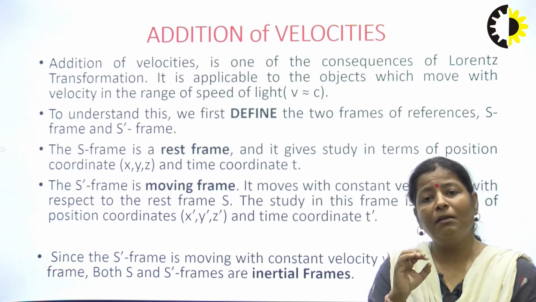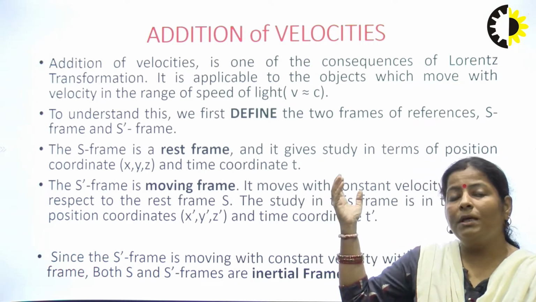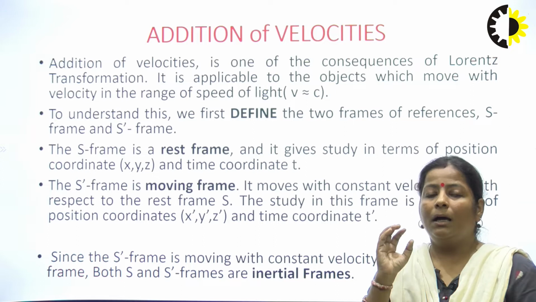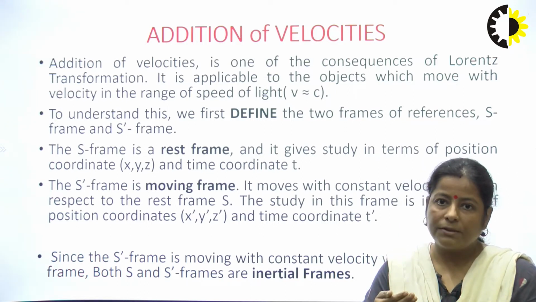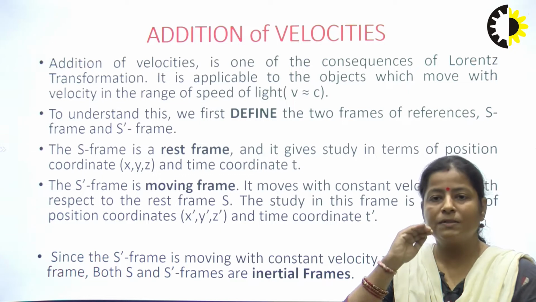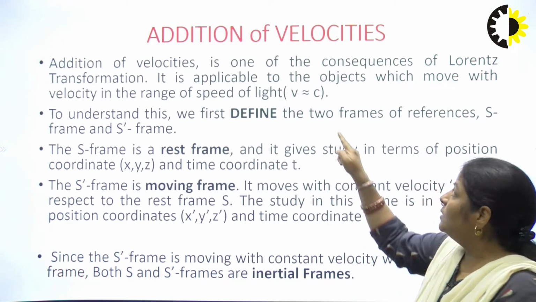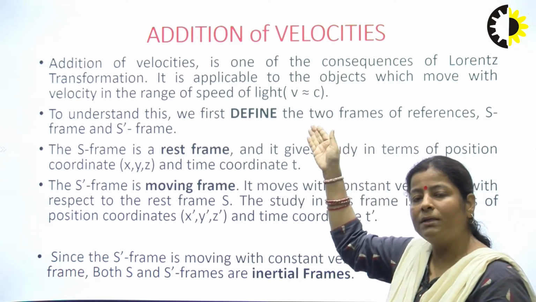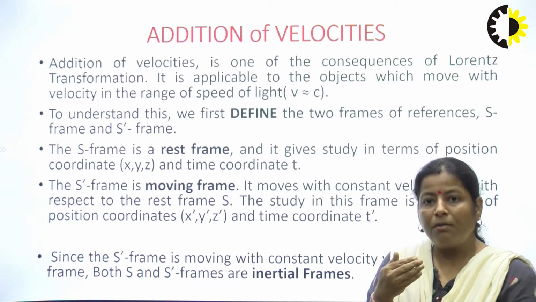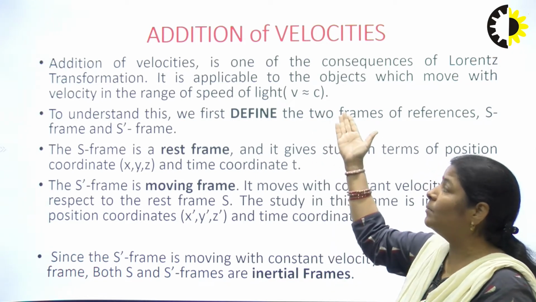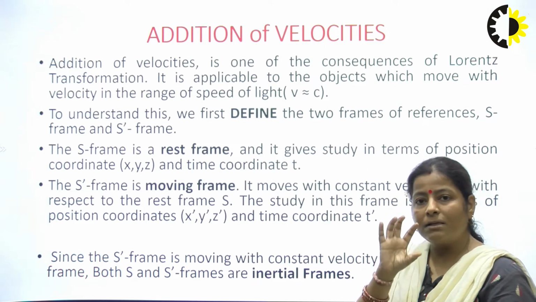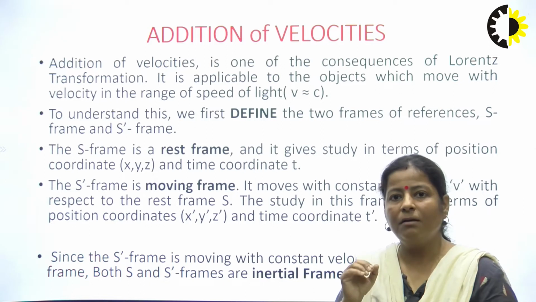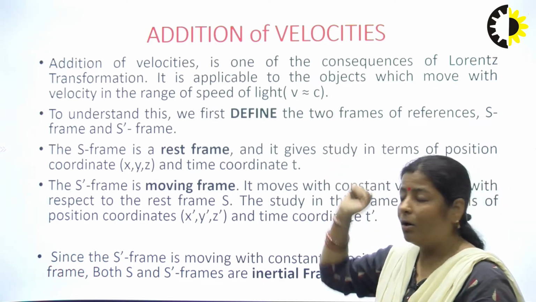So, this velocity addition theorem deals with those motions where the velocities are in the range comparable to the speed of light. This is shown like this: v is nearly equal to c. That is, the velocity is close to the speed of light, and all of us are familiar that the speed of light is represented by c.